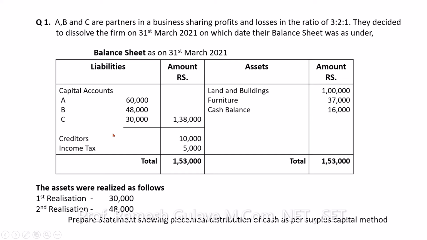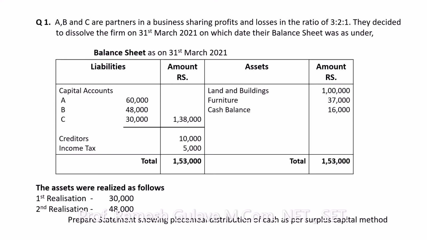The capital accounts are there. So in order of payment, capital accounts are paid at the end. Okay, so here we have to make payment first to income tax, then we will pay creditors, and then we will pay capital accounts. It means we will pay the remaining amount to the partners of the firm, right?